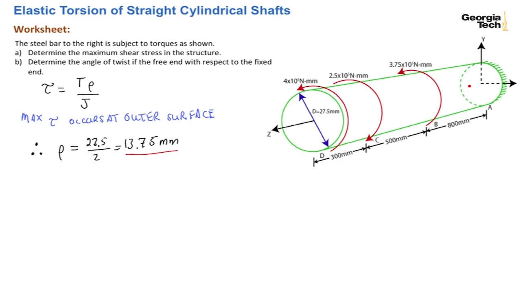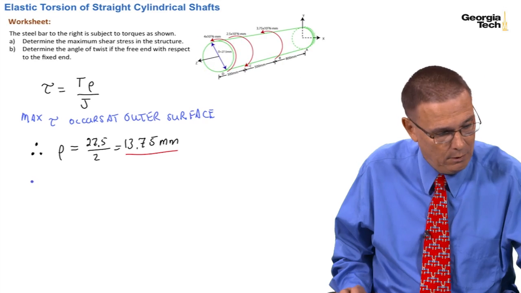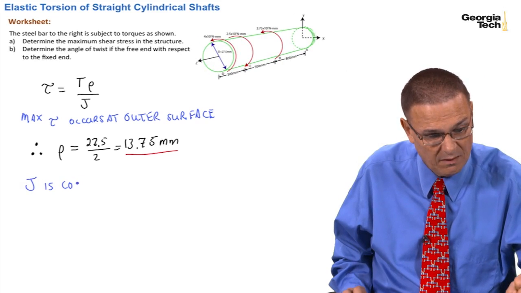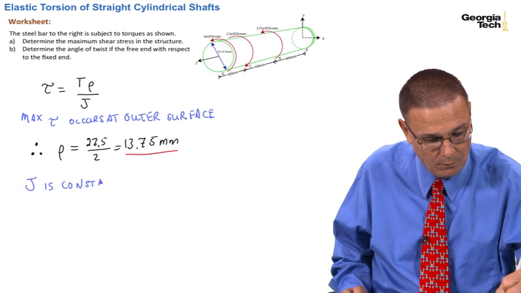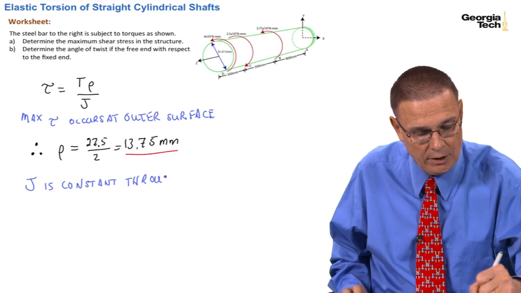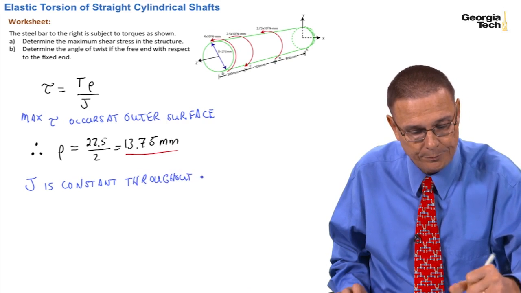And so J, therefore, the polar moment of inertia, is also constant throughout the shaft. So let's write that down. So J is constant throughout the length.